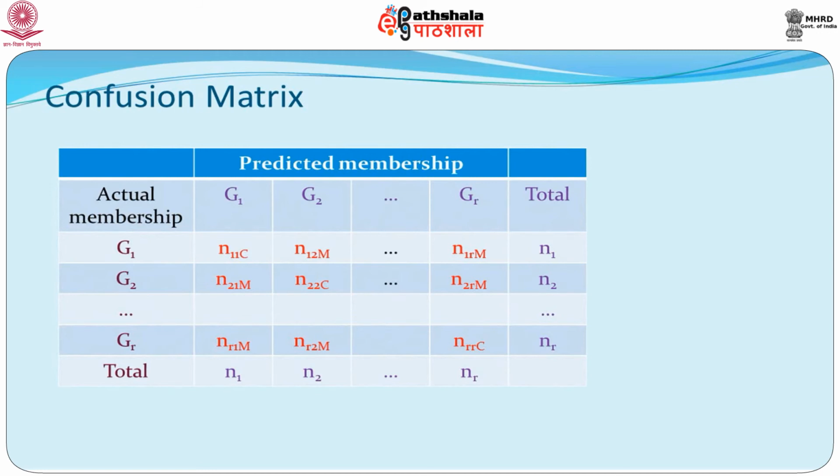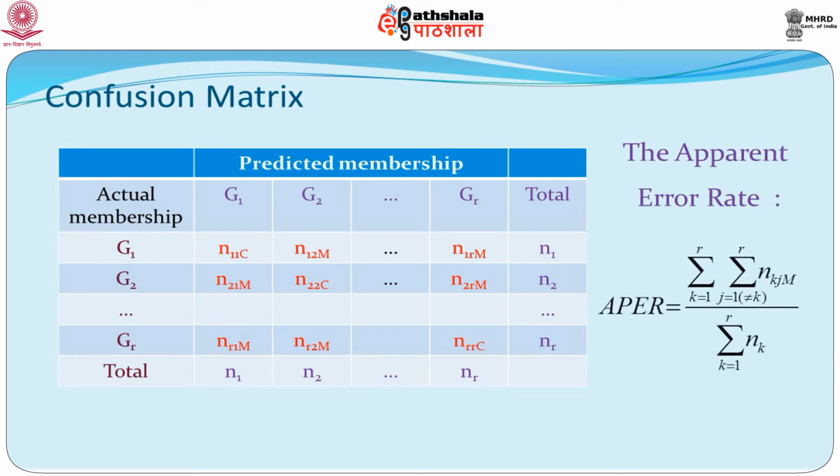So, we again have the predicted membership and the actual membership. So, the first row actually gives you actual membership is G1 and the predicted membership is G1 or G2 or GR, and you can see that the diagonals are always going to come out as NJJC because these are the correct classification. Given this confusion matrix, we can define the apparent error rate as APER is the sum over K and J, NKJM, K and J not equal, divided by the summation of NK.